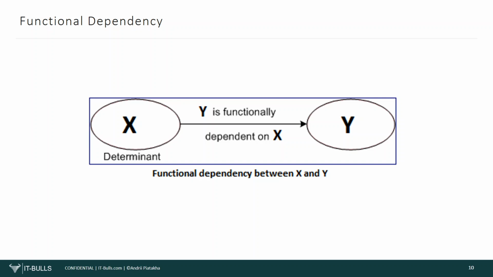X is said to functionally determine y. Functional dependency is a constraint between two sets of attributes in a relation from a database. For example, passport number and last name of a person, or employee ID and his corporate email. We can say that there is a functional dependency between these attributes.